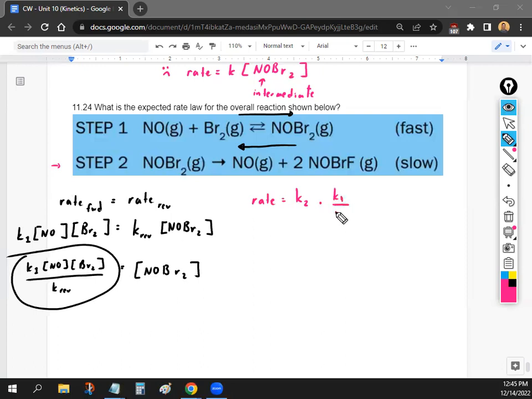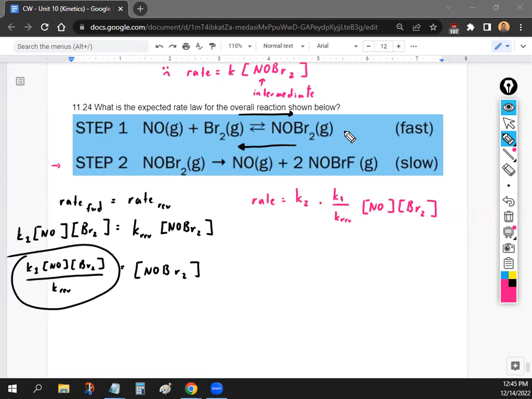And I'm going to do it like this, just so it's a little easier to look at. But something like that. Alrighty. And that's it. That's going to be the integrated rate law. That's it.